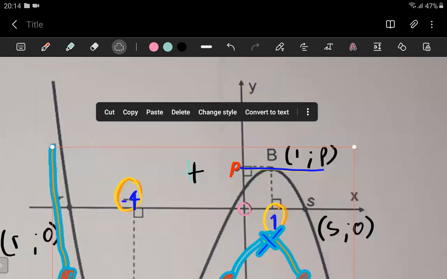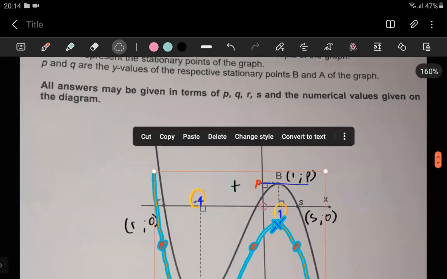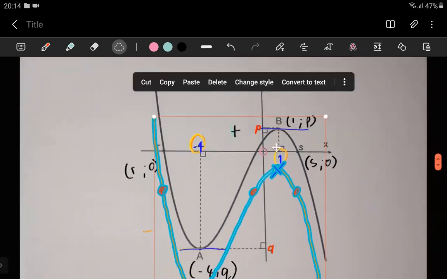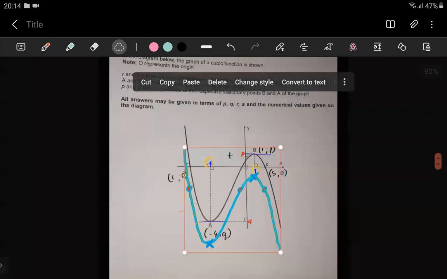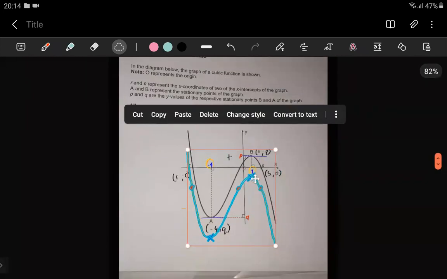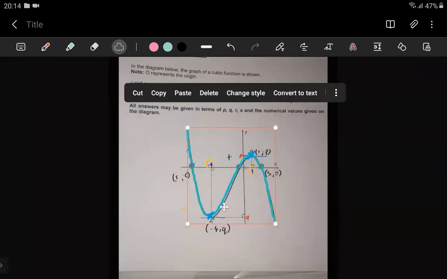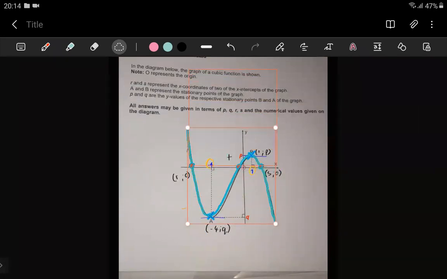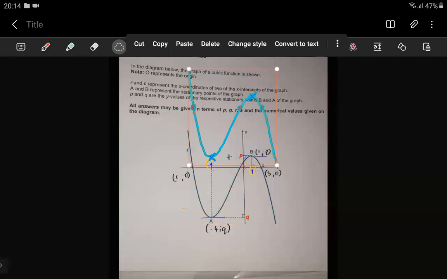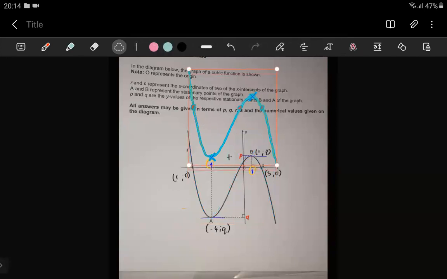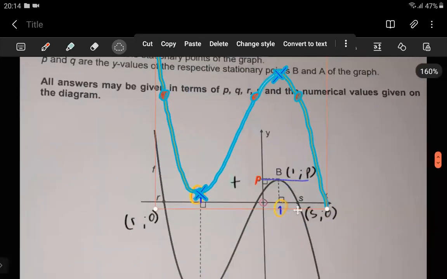That does not necessarily matter for now. All I'm trying to say is that if it moves downwards a certain amount of units, it's only going to have one x-intercept. And if it was to move upwards from its original place a certain amount of units, it will also at some point have one x-intercept.